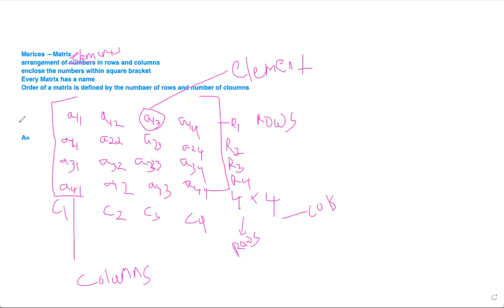So now this is what is called a matrix. These are the properties of a matrix, whatever I discussed. Have you copied this? Class? No, ma'am. Copy, fast.